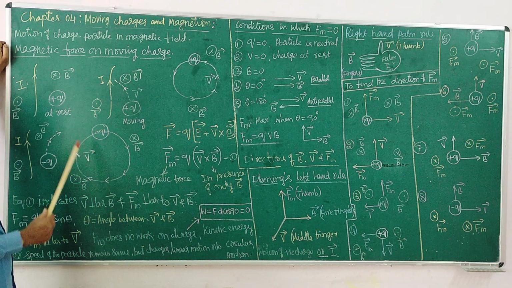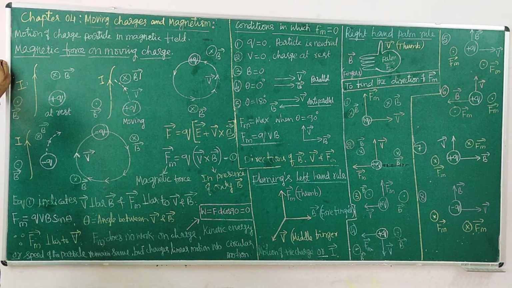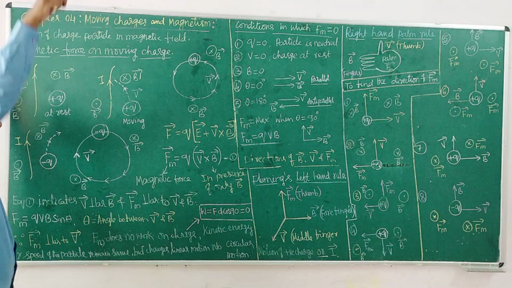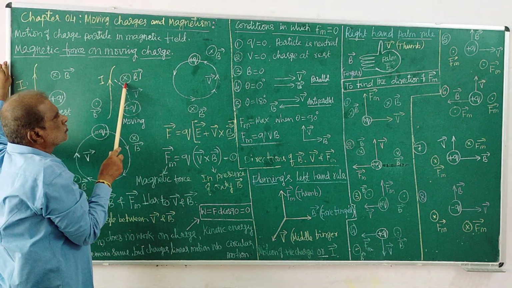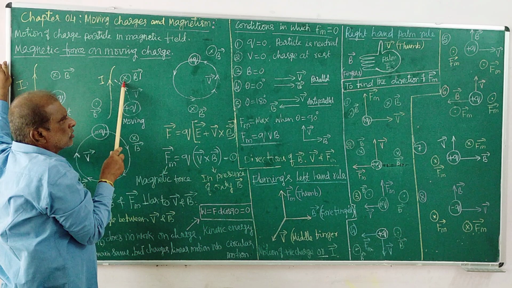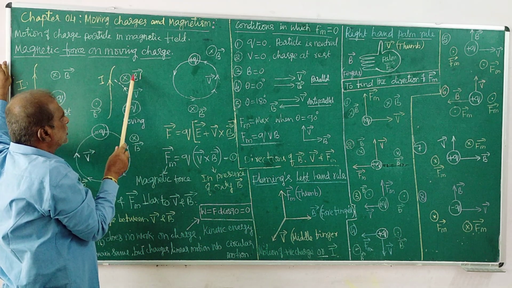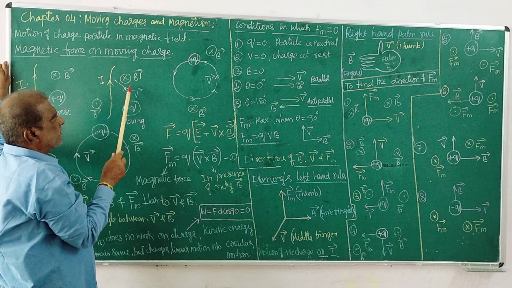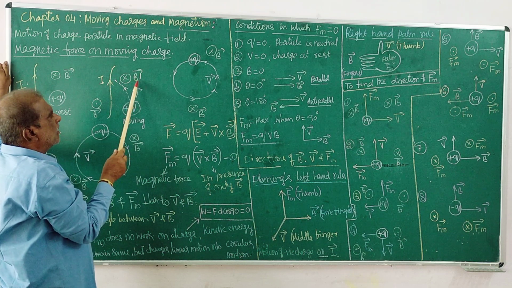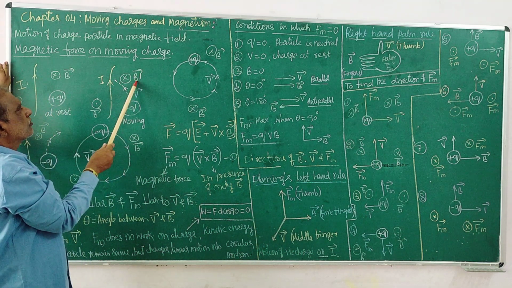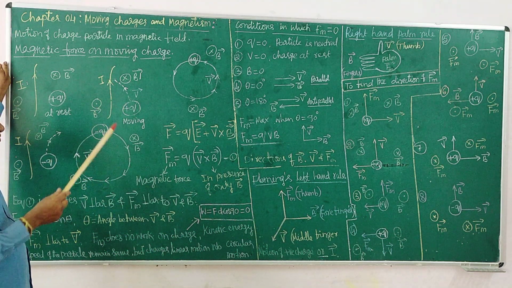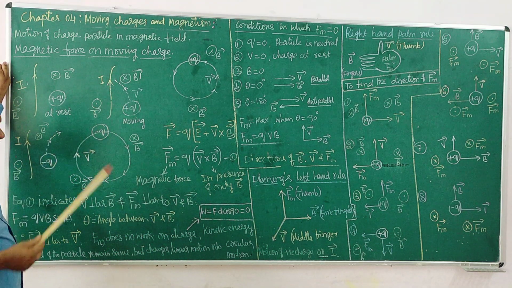Anyway, a curve is there. That is what we visualize. Different intensities of B will have different degrees of deviation. Deviation is not uniform.